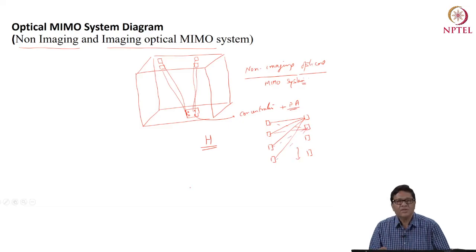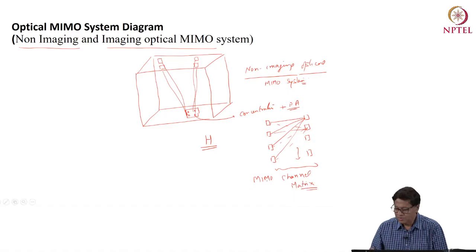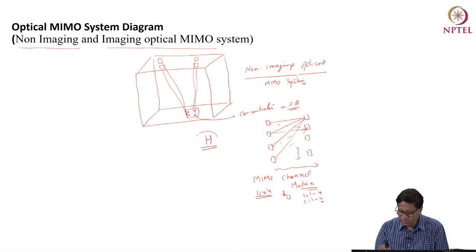So this actually is a matrix, which is called the channel matrix, the MIMO channel matrix. In this case, it is going to be a 4x4 matrix, and each will have a component Hij, where i is equal to 1 to 4 and j is equal to 1 to 4. So we'll try to model this H, which is a matrix. This is what we want to do.